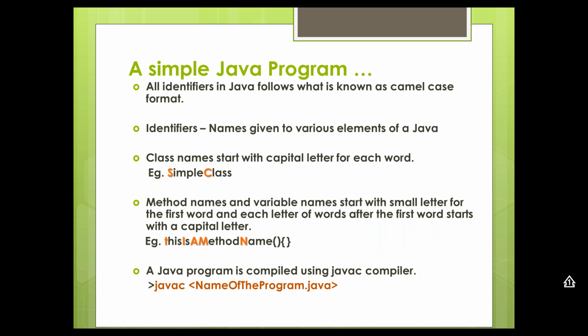As I explained, identifiers are just names given to different elements of a Java program. The elements are names given to a class, a method, variables, or maybe named constants. We will see all those things. How do we identify each other?